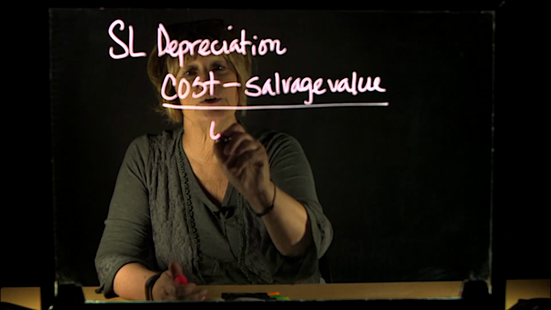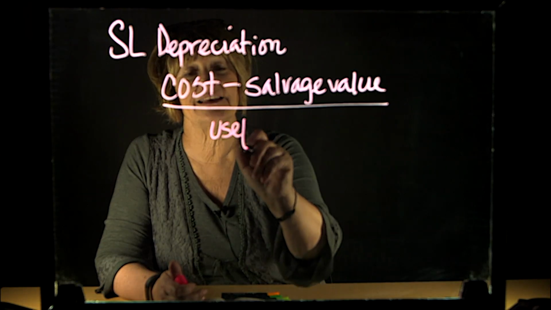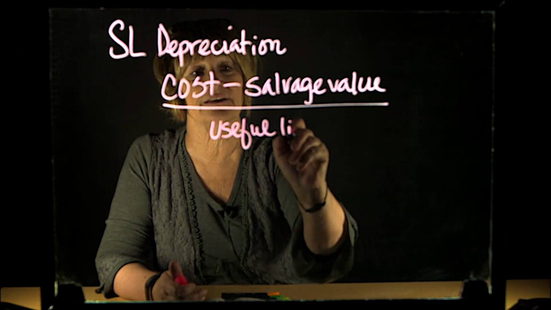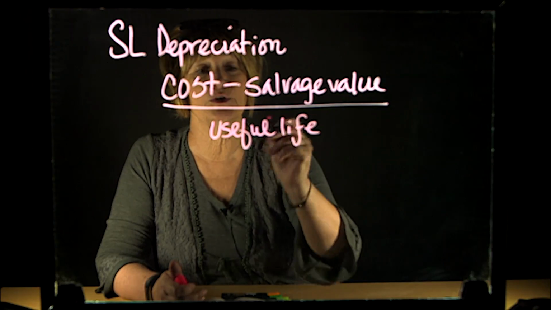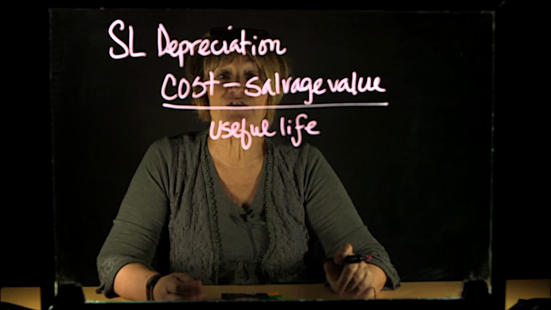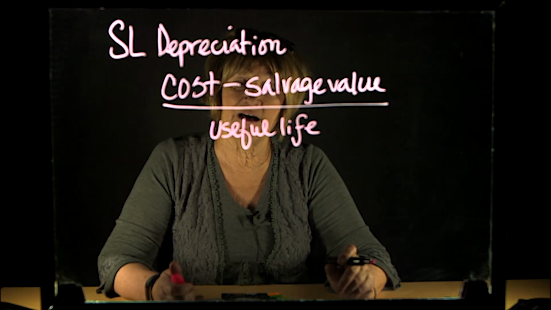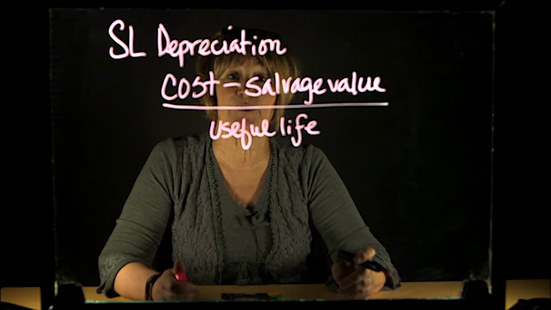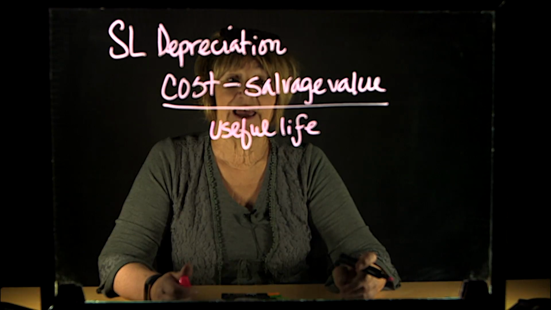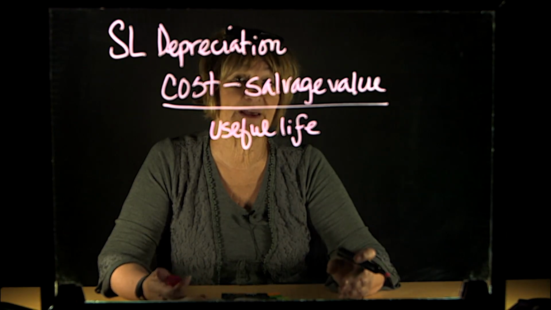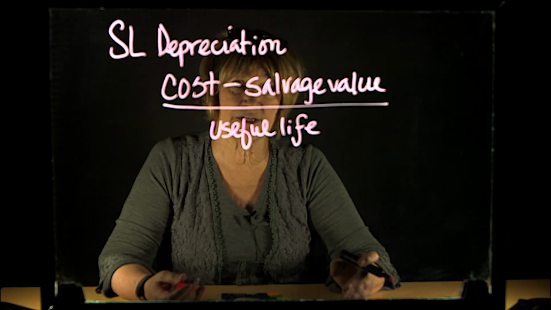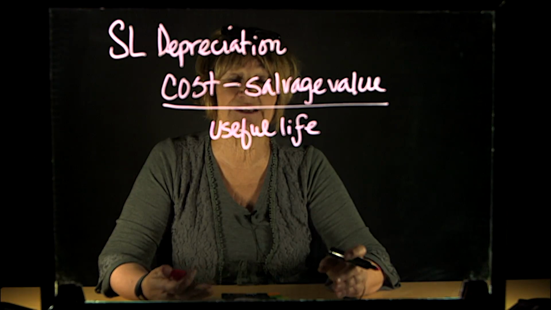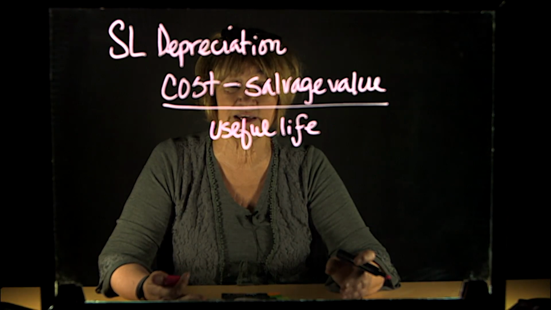And when we talk about useful life, that is the last piece of the calculation. And that is our estimate, once again, of what we believe the asset will be able to generate revenue for us. Sometimes it's based on categories of certain types of equipment. It can be based on your specific industry.